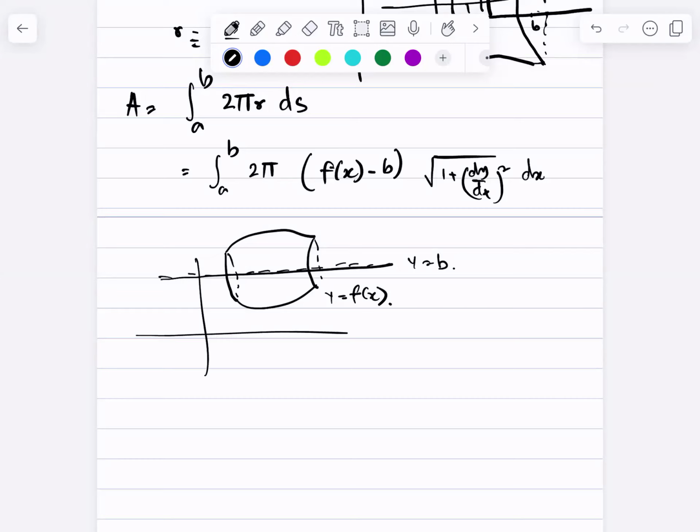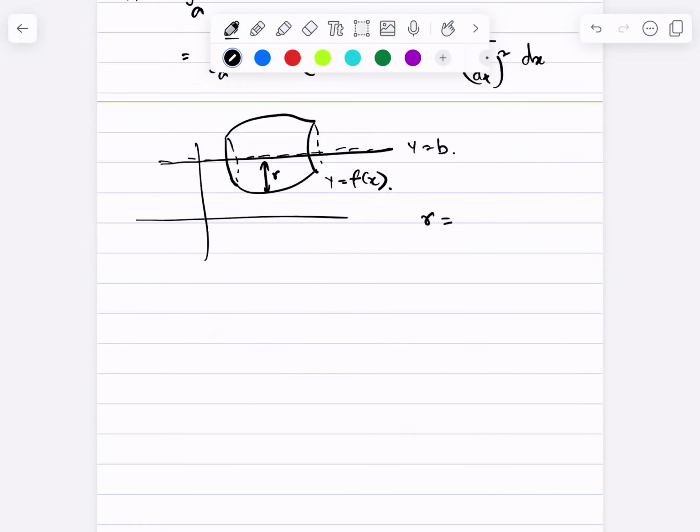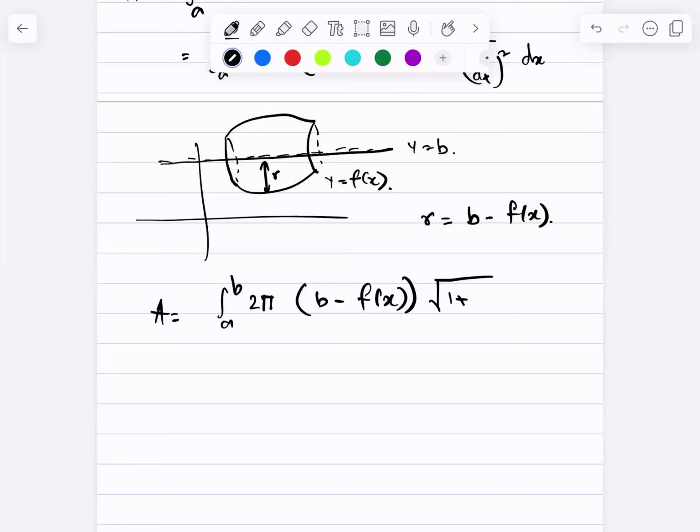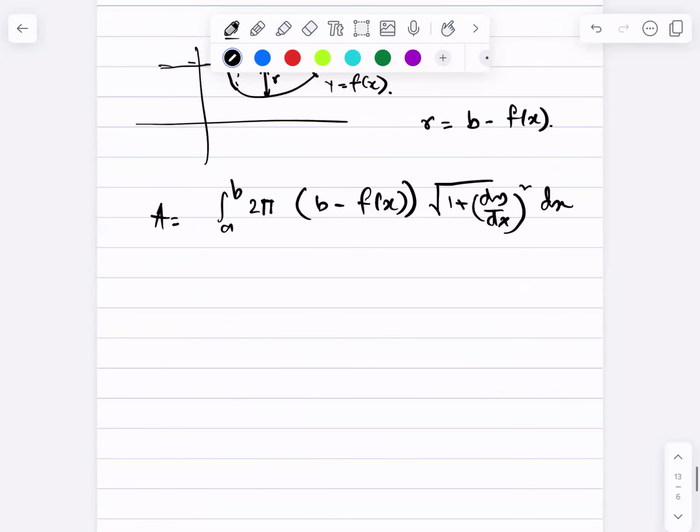Now what is r? r is just b minus f(x), because now b is dominating above the f(x) curve. And then the formula becomes similar, just a little bit different: b minus f(x) times square root of 1 plus (dy over dx) squared dx.